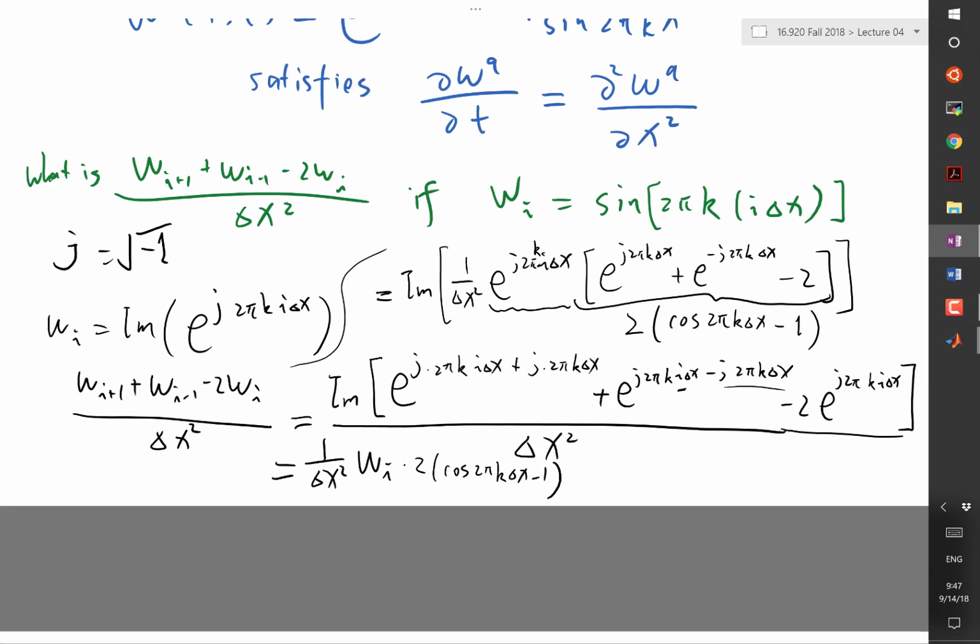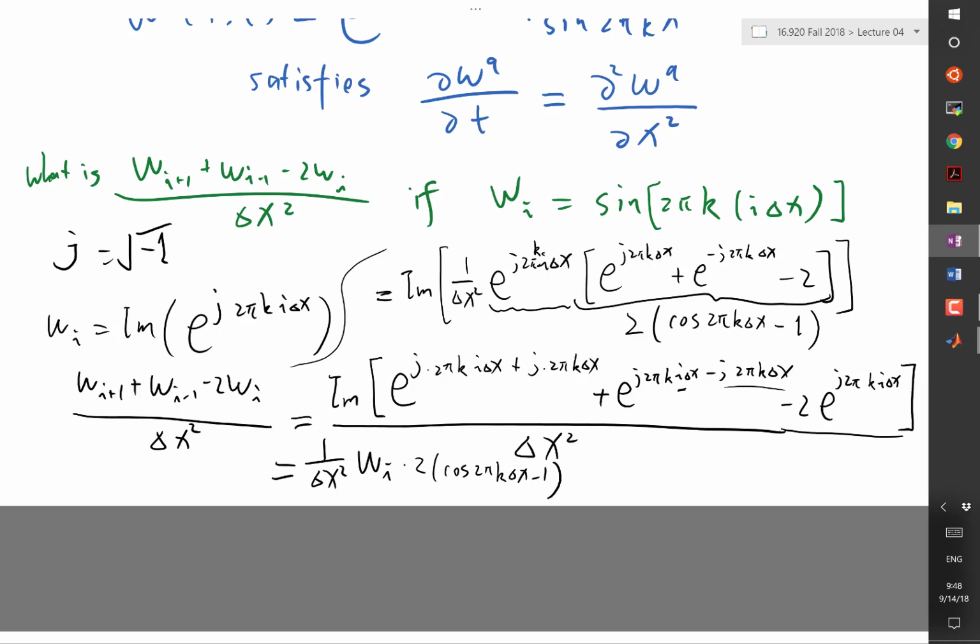Okay, so let's pause a little bit and think about what's the consequence of what we have derived. I mean, the algebra is actually not that important as long as you know how to do that. What's important is actually the consequence.